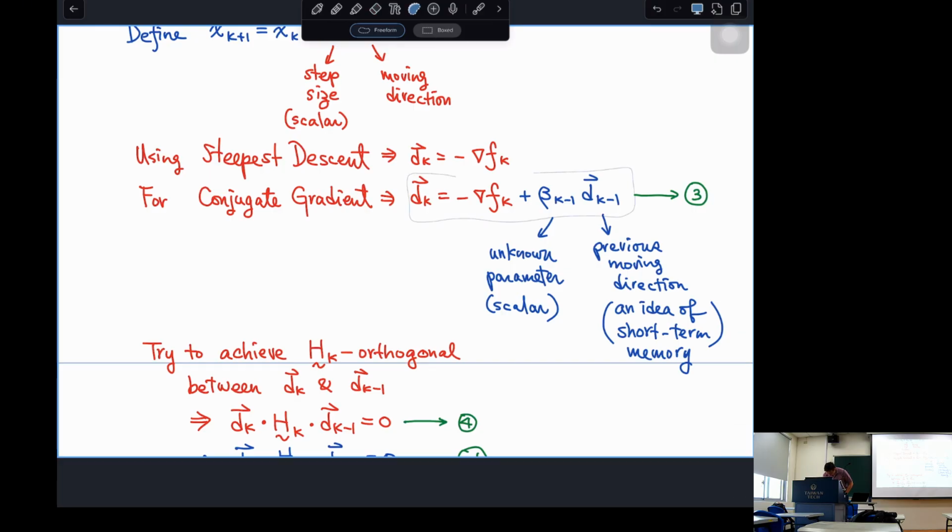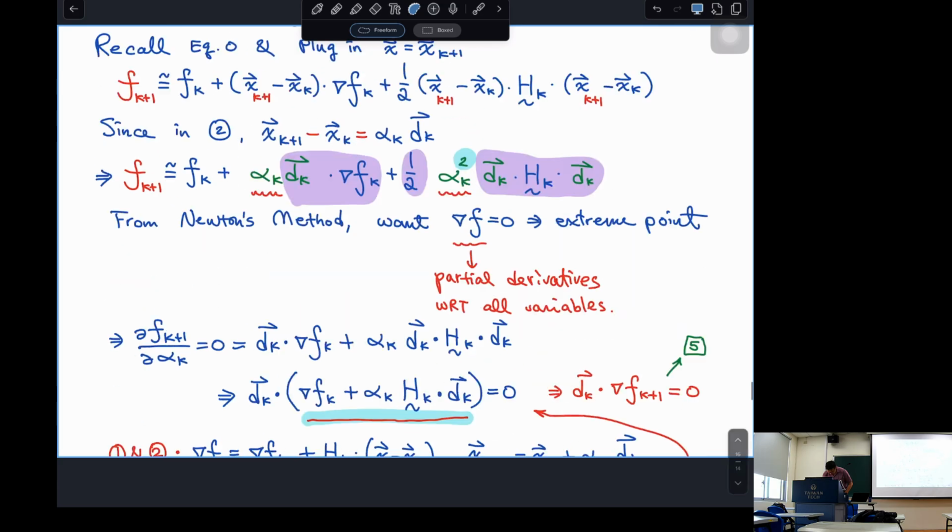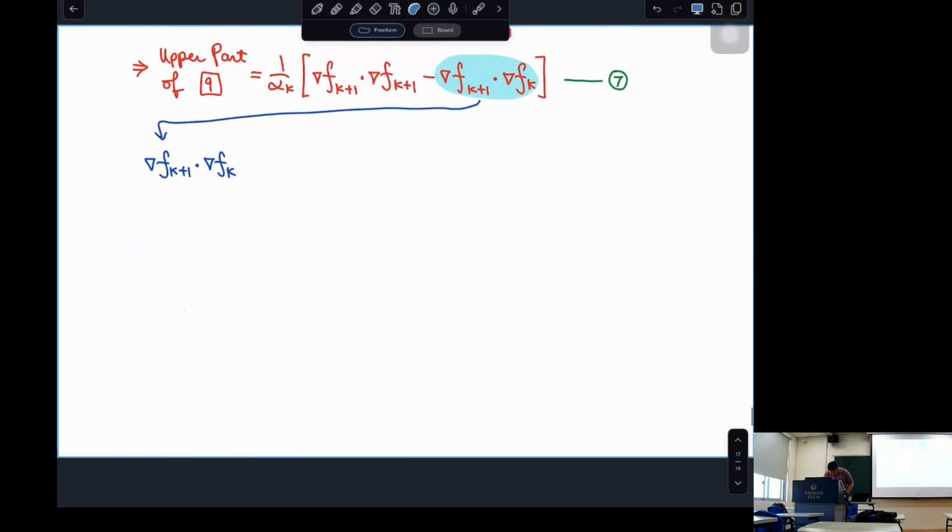Copy it and paste it here. This is what we had from equation 3. And right here, this particular part is the same as this particular part.